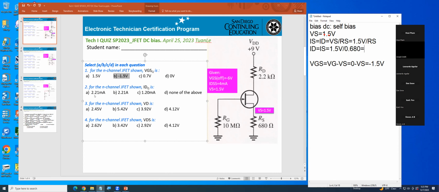That will be A, right? 2.2 milliamp. Exactly.